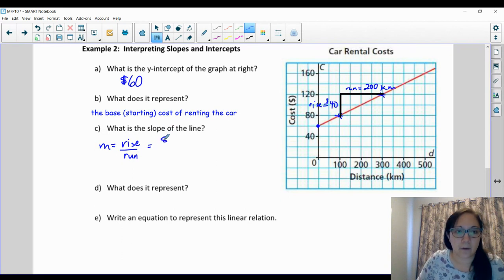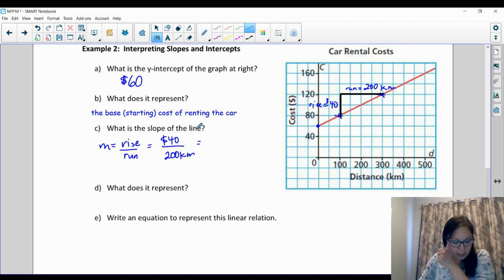The rise was $40 and the run was 200 kilometers. Okay, and when we actually divide that, did I do that right? 200, yeah, and 40. Yeah, just want to double check my numbers before I go too far. So 40 divided by 200 is 0.2.